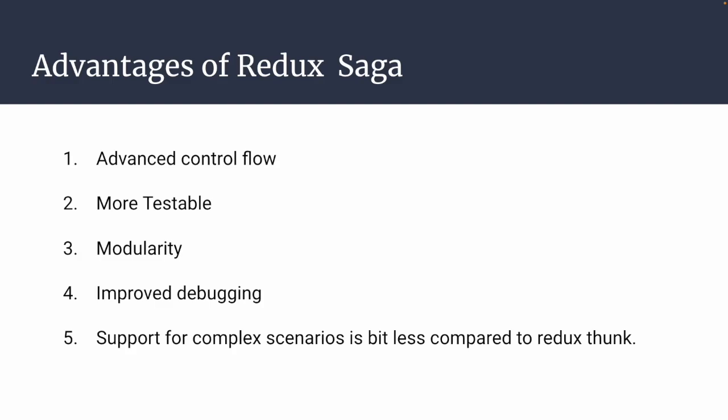I love Redux Saga just because of one reason, that is modularity. There is sequential execution, and there is proper understanding whenever you are working with Redux Saga compared to Redux thunk. Redux Saga is very clear to understand because it provides all the utilities to us, and we can use them whenever required.